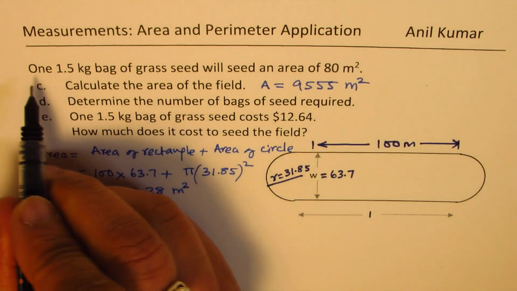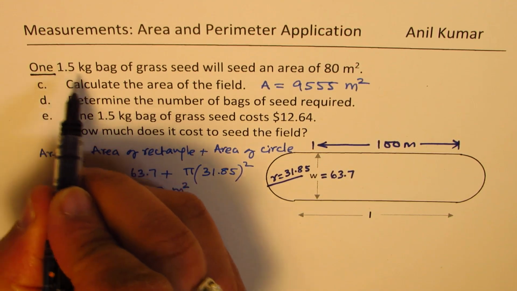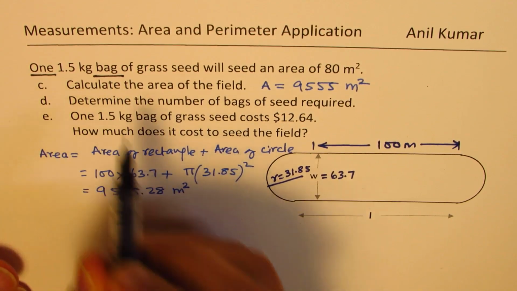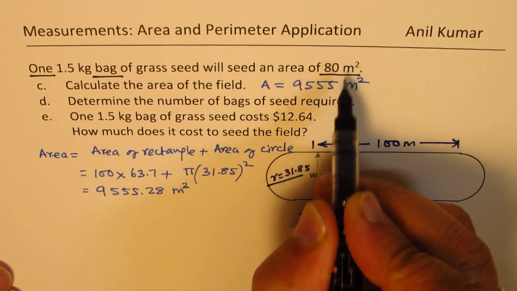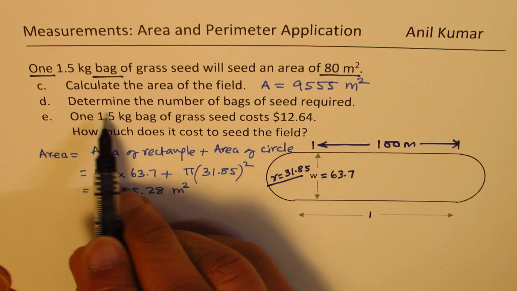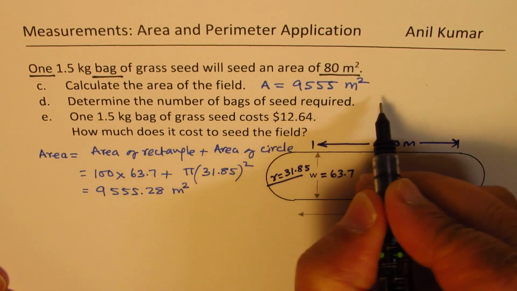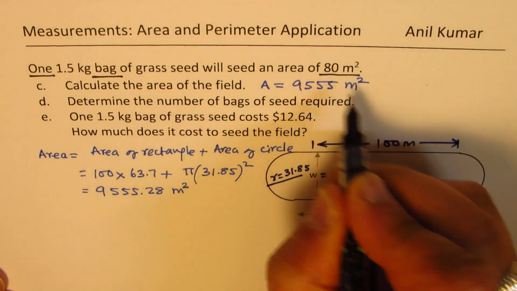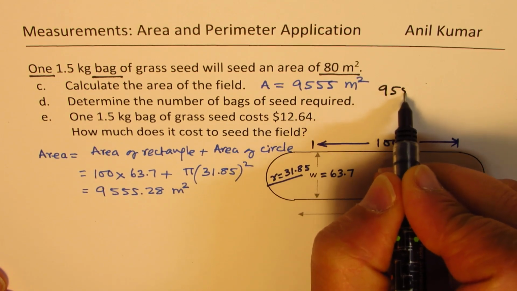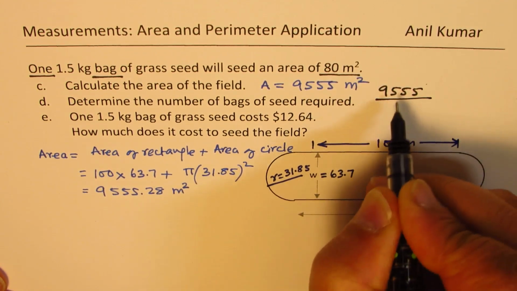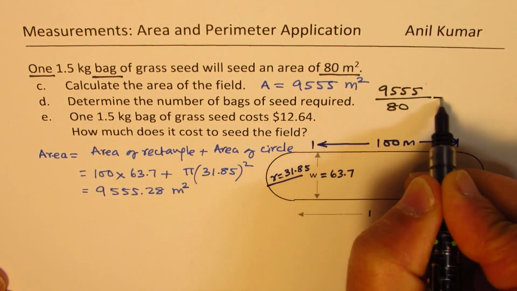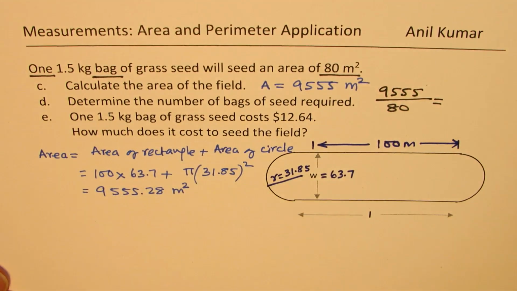So one bag, so forget about 1.5 kg, one bag will seed 80 meters square. So number of bags will be how many? So area divided by 80. So we have 9555, that is the area, divided by 80 will give you the number of bags.